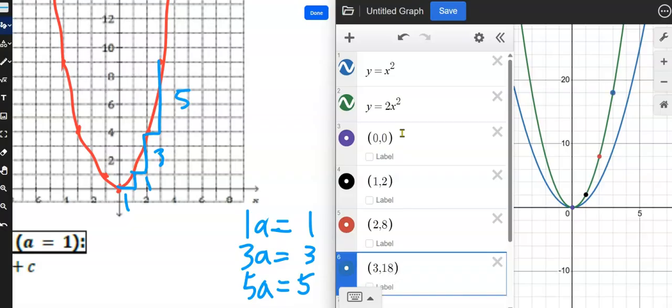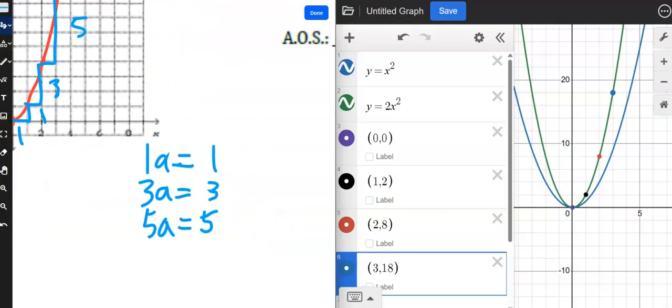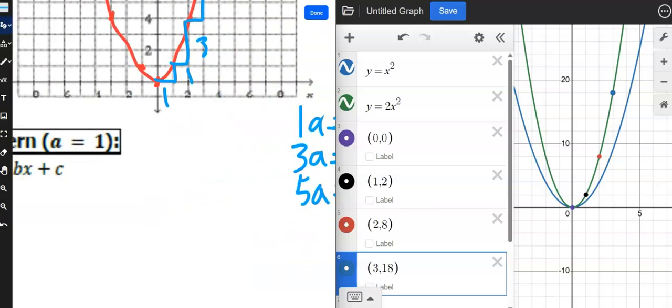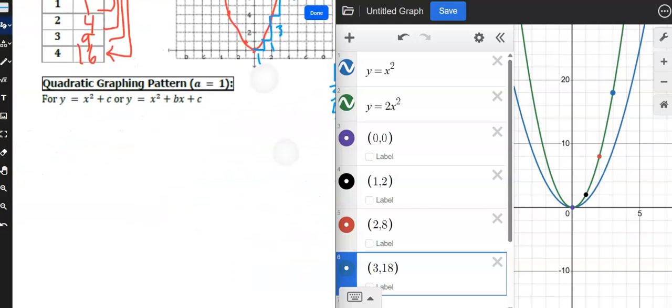So you can see those dots follow the green one. On my green parabola, it's still following this 1A, 3A, 5A pattern, but if the A value is 2, then 3A would be 6, and 5A would be 10. So it's changing by faster amounts, which means it goes up quicker. But that 1A, 3A, 5A is kind of a nice way to graph things.